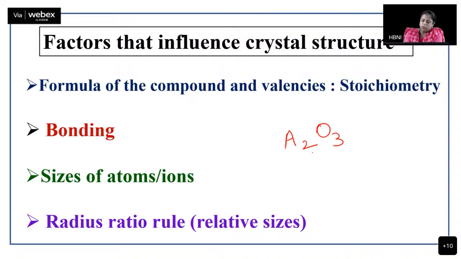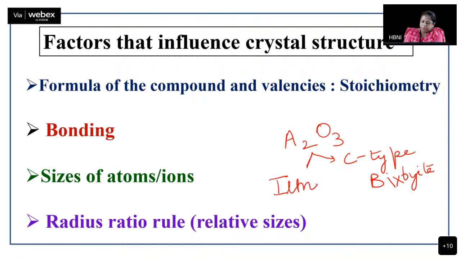This A2O3 can have the C-type structure, which is also called bixbyite structure. You will not study this one, but I'm only giving you an example. And it can also adopt the ilmenite structure. A particular ilmenite compound is FeTiO3.